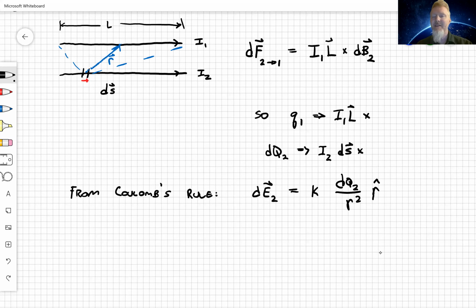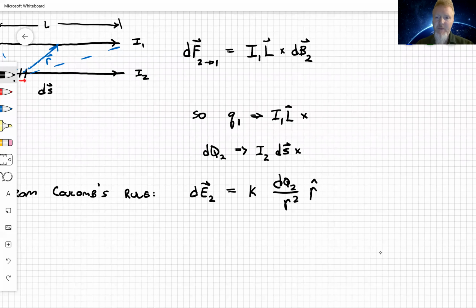If you remember, it's the unit vector that points in the direction from Q2 to Q1. In this case, dQ2 to Q1.